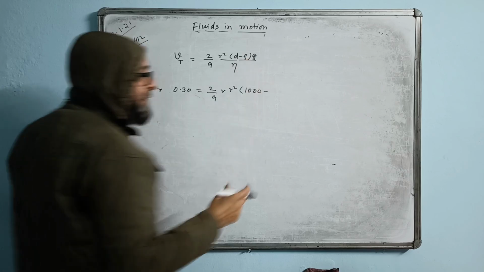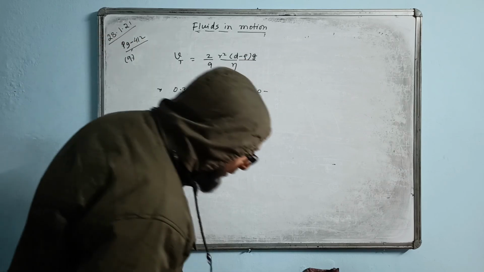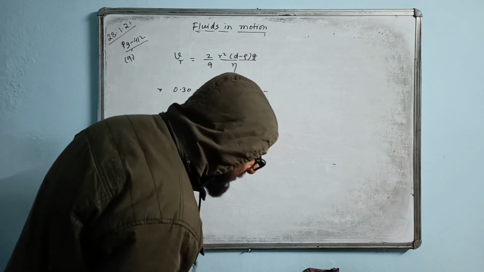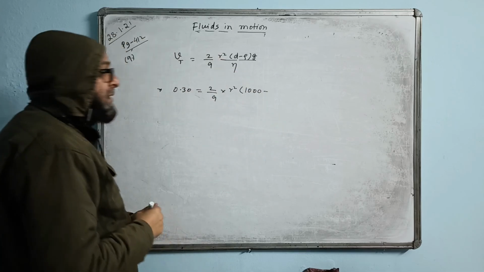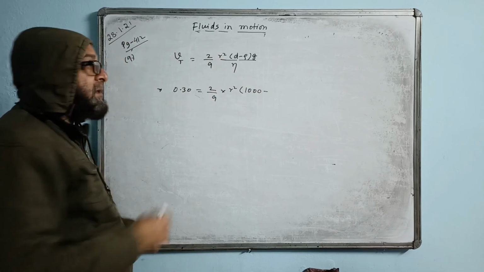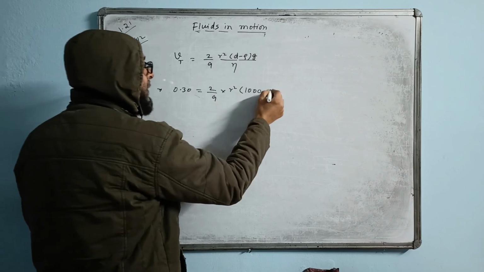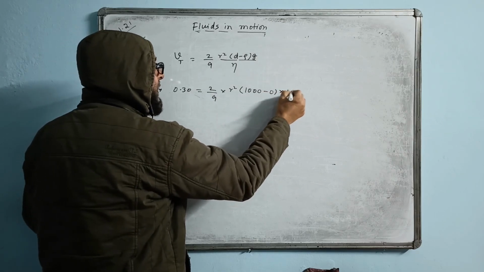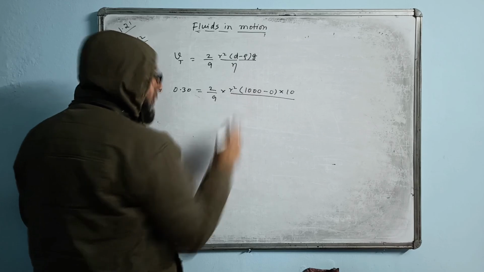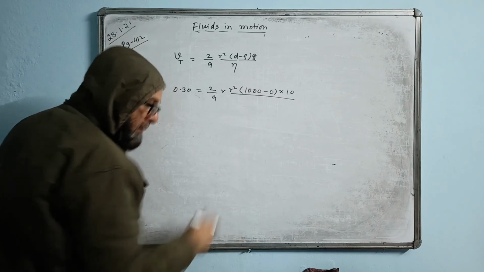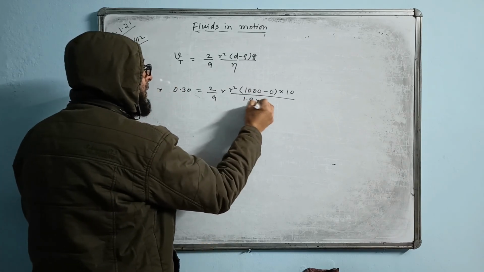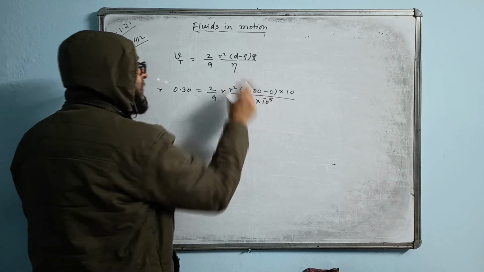And rho is the density of the medium in which it is falling. It is falling through air. The density of air is not mentioned in the question, that means it is taken as 0. You can neglect it. The value of g you can take as 10. And the eta value is already given in the question, 1.8 into 10 to the power minus 5, the coefficient of viscosity.